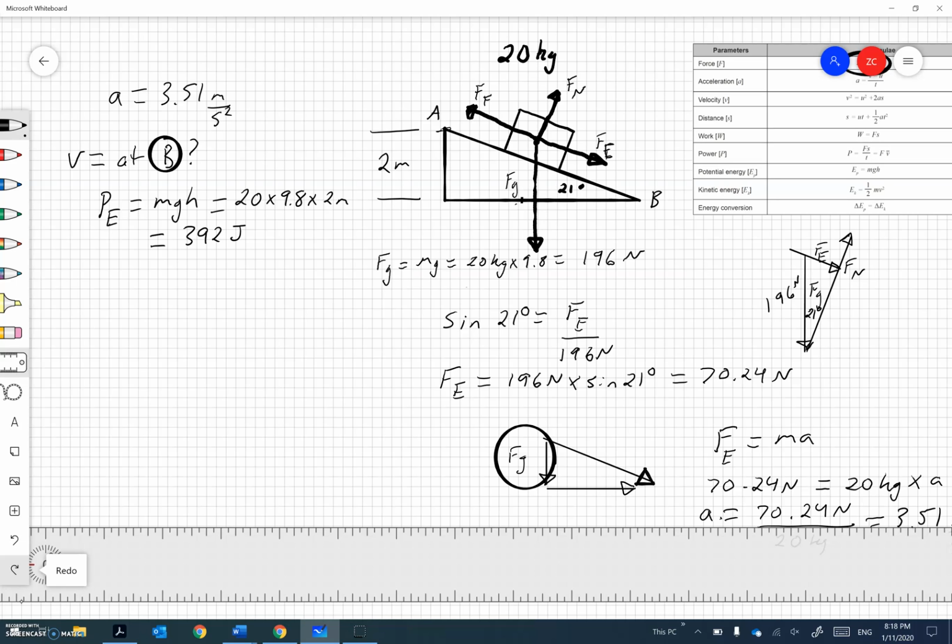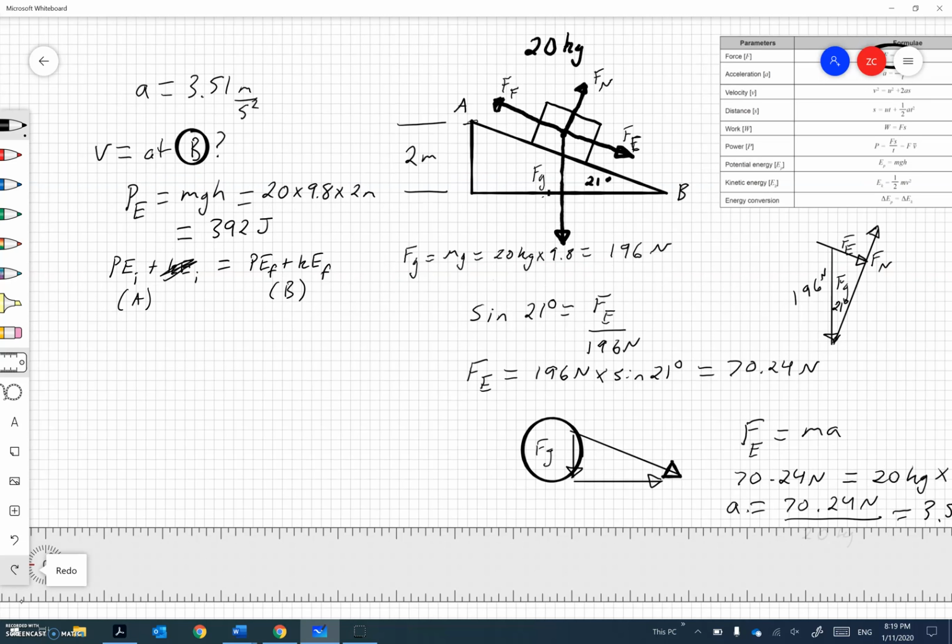Now, let's look at the fact that potential energy plus kinetic energy initial must be equal to potential energy plus kinetic energy final. So this is at A and this is at B. So at A, it's at the very top, so we have no kinetic energy. And at B, we're at the very bottom, so we have no potential energy. So the two must be the same.